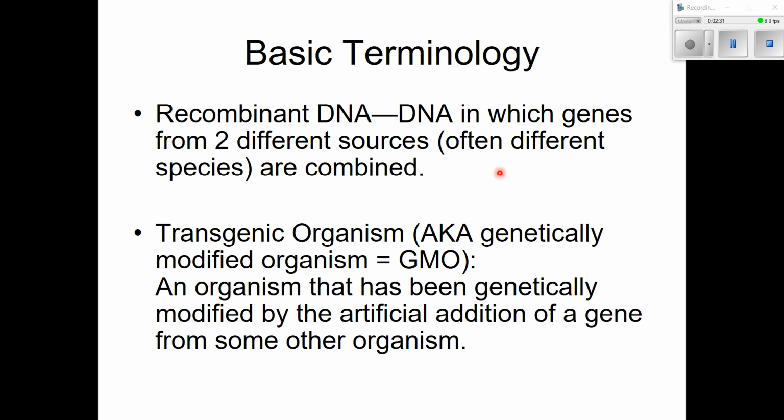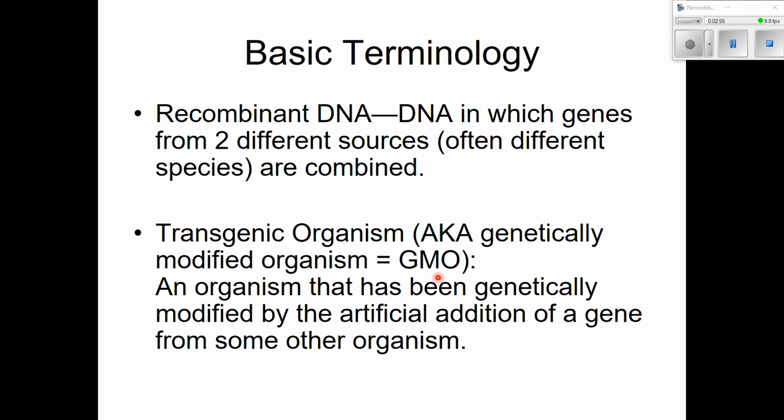When that recombinant DNA is introduced into a cell or into an organism, that organism now becomes a transgenic organism. And a synonym for that term is genetically modified organism, which I think is the one that maybe we're more familiar with.